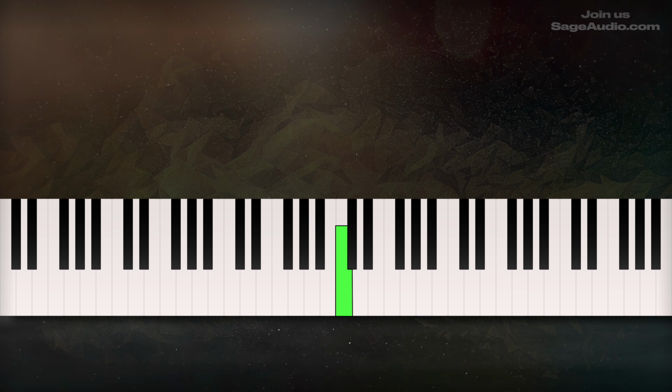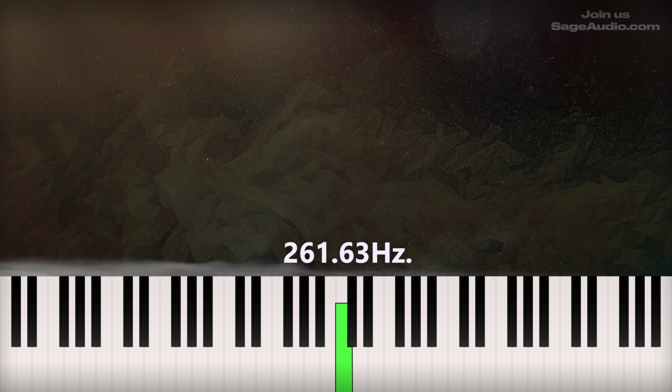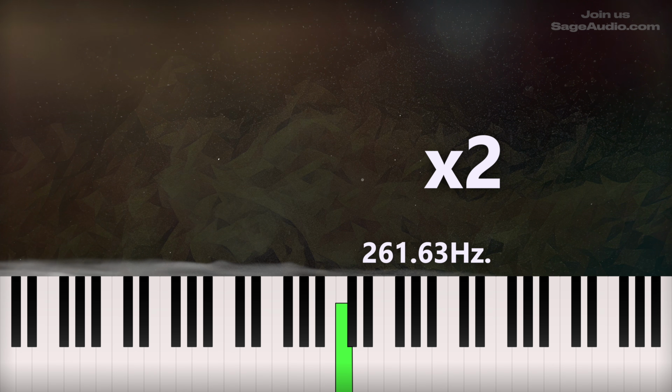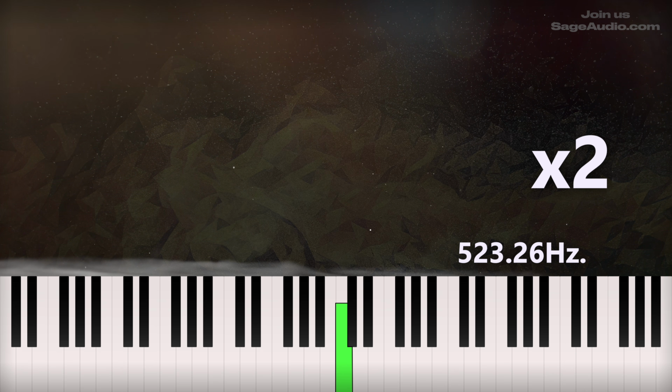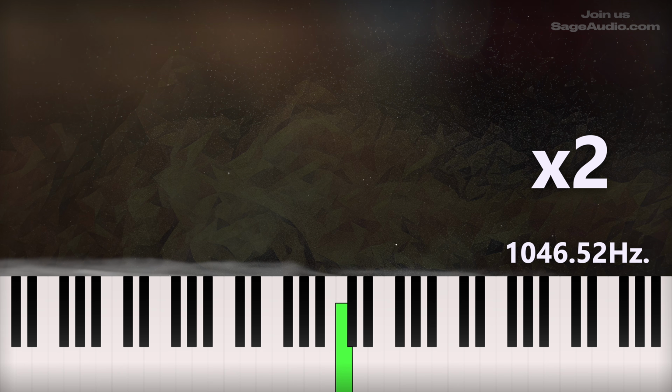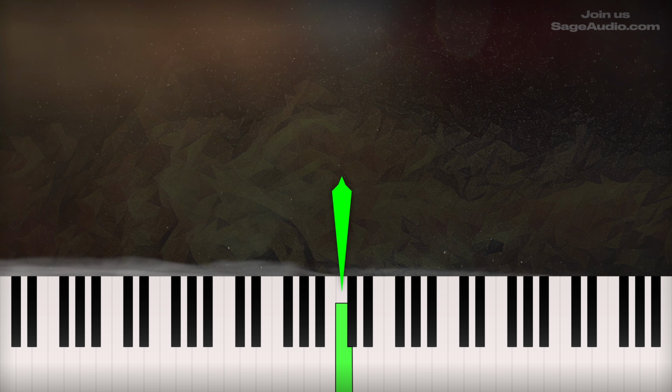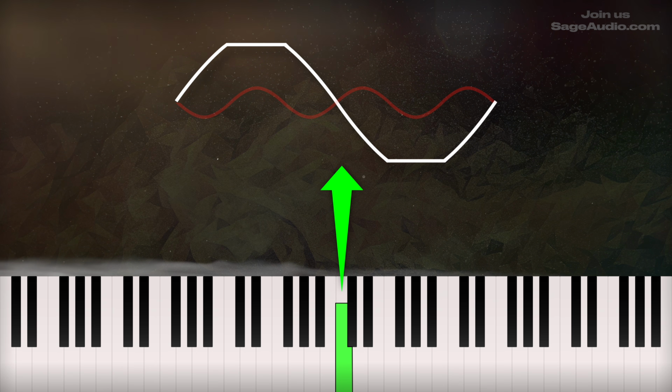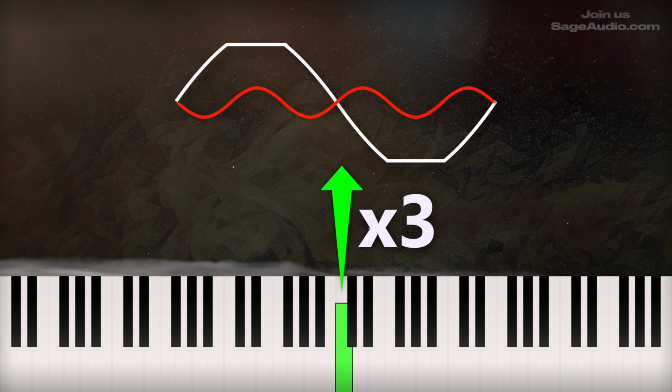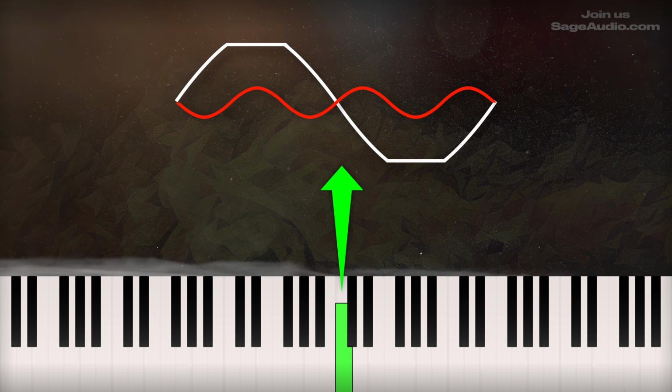So, since C4 is 261.63 Hz, this means C5 is 523.26 Hz. C6 would then be 1046.52 Hz, and so on. Now, say I run C4 through a clipper, and that clipper creates a third-order harmonic. The third-order harmonic, being 3x the original frequency, has a frequency of 784.89 Hz.